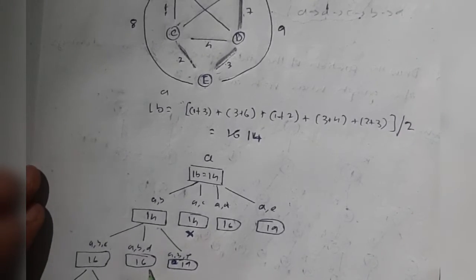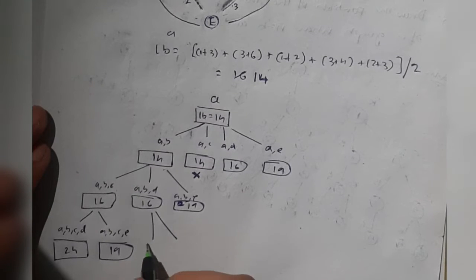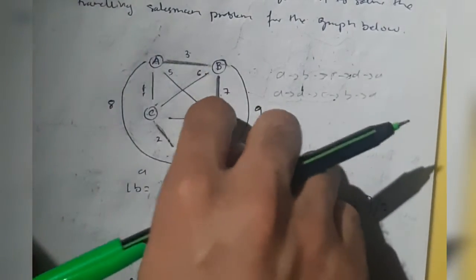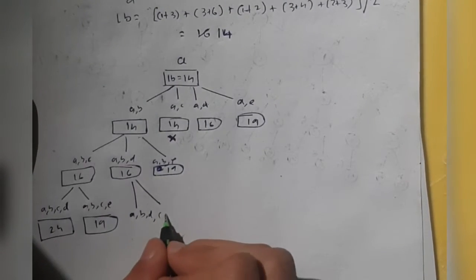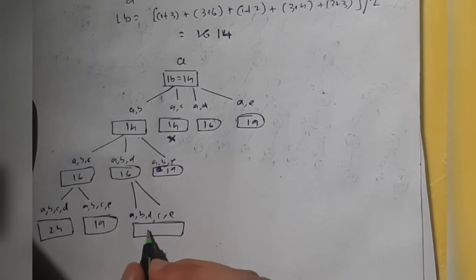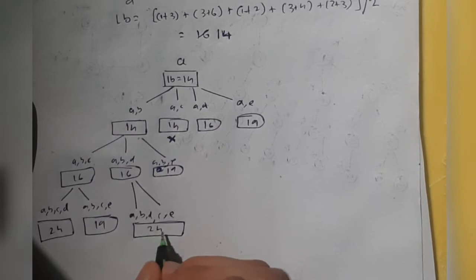From here, two possibilities are there. A, B, D. See here. A, B, D. First one we took as C, E, A. D, C, E. In this case, what's the answer we got? We got the answer as 24.